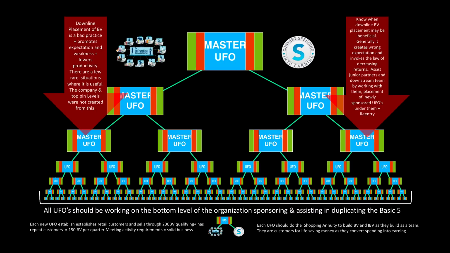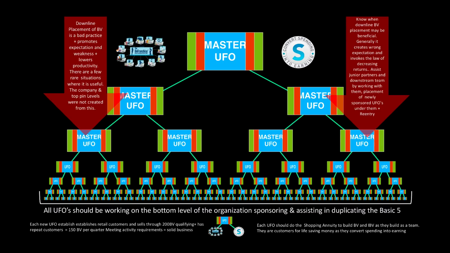Know that when downline BV placement may be beneficial, there are some cases where it's actually in line with the principles that make the MPCP work, and a good thing. And generally it creates the wrong expectation though. Someone starts expecting to be given volume that they didn't create, rather than getting out and building it.